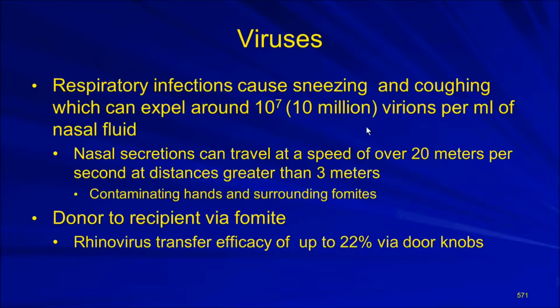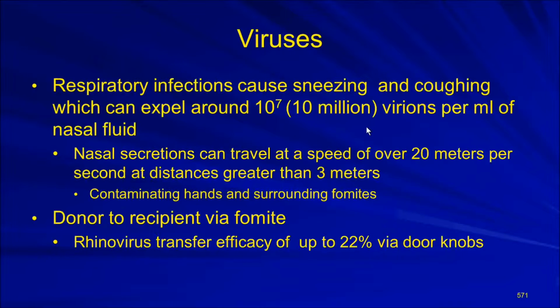We look at donor to recipient transmission via a fomite, and I'll go through a study that was done on that. One person had his hand infected with rhinovirus, which accounts for 30 to 50% of all colds. It was placed on his hand, contaminating his hand, and he touched the doorknob to open it.